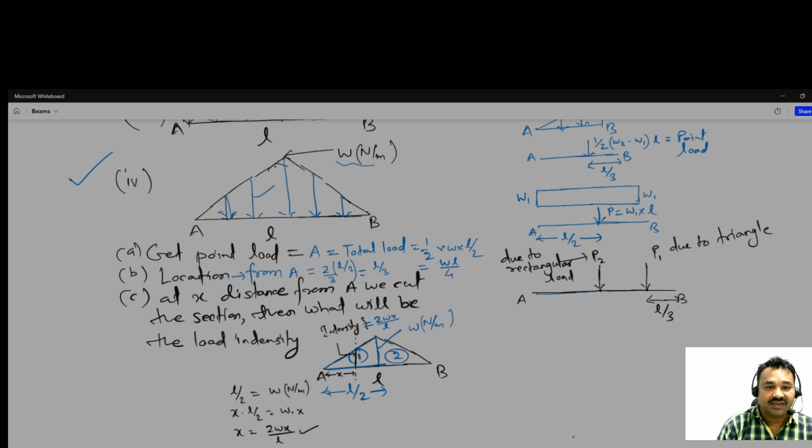That we can get by assuming some x distance from either end, A or B. So in this way we have done. Thank you.